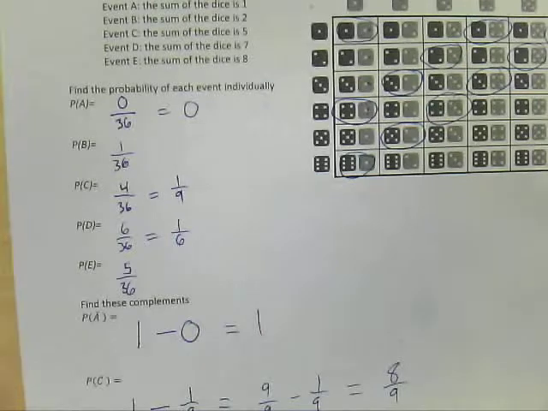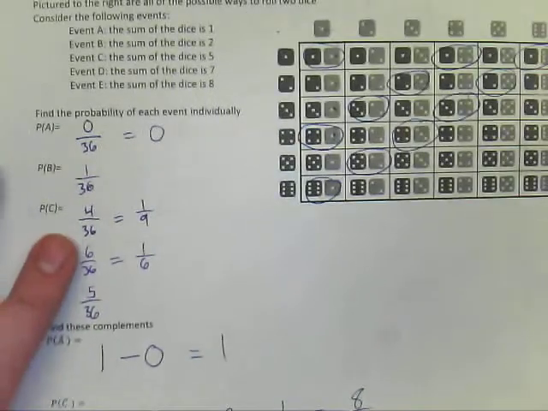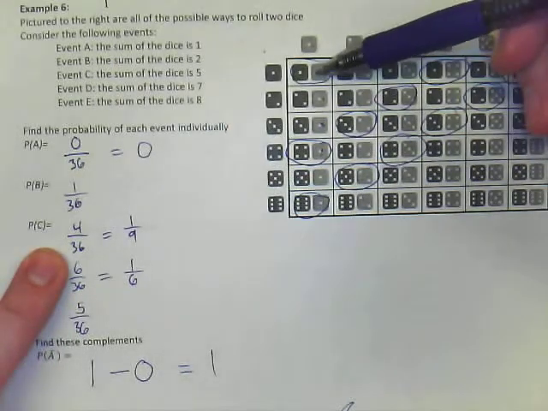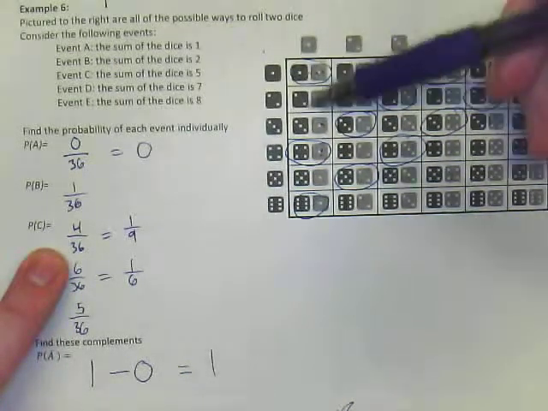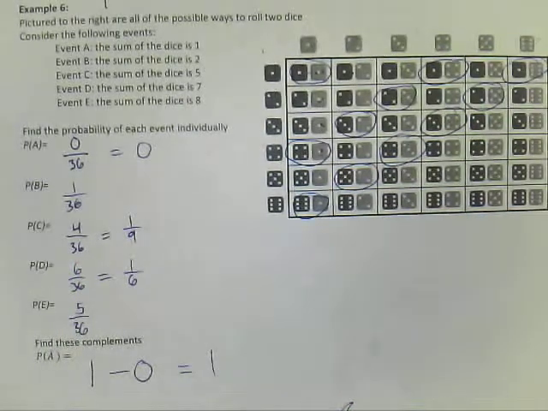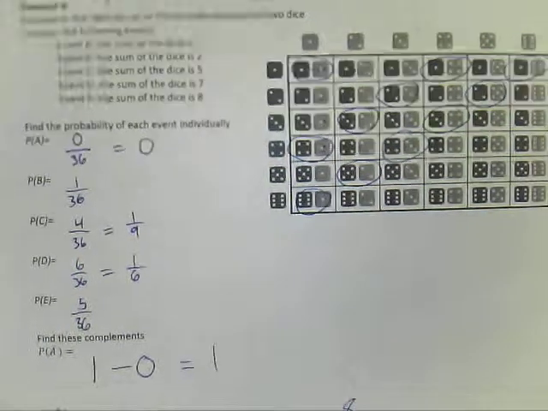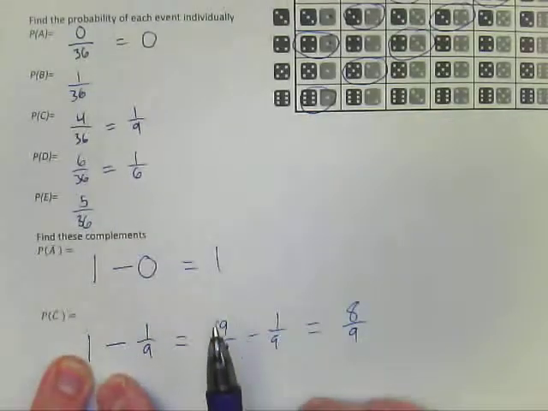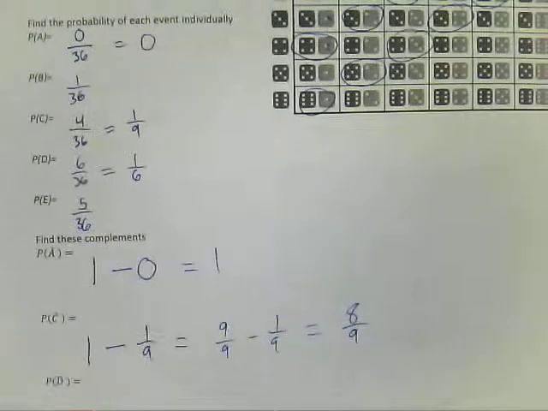Now again, we could have gotten this by counting up all the ways there are to not get a 5, but that would be pretty tedious. So we could say, well, here's one way to not get a 5, here's another and another. So there's 1, 2, 3, 4, 5, 6, 7, 8. It's much easier just to take 1 and subtract off the number of ways to get a 5.